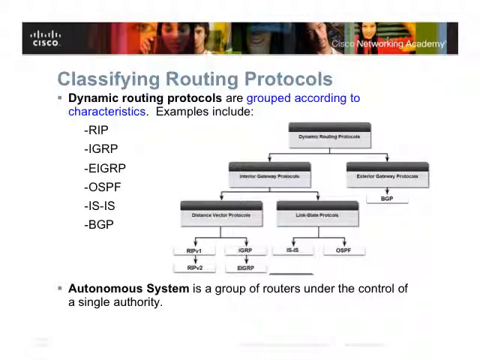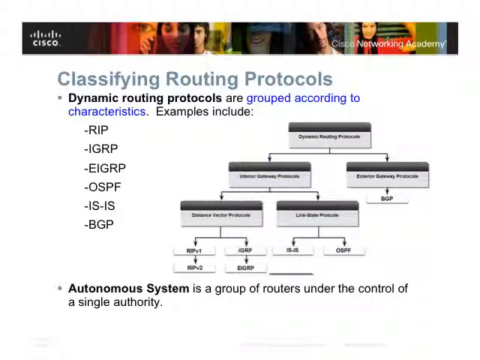For example, Ooredoo has a specific group of routers that they can control, which is the internal network of Ooredoo. So a service provider like Ooredoo has a group of routers, and these are defined within the boundary of what we call autonomous system. So autonomous system defines a group of routers under the same single authority.